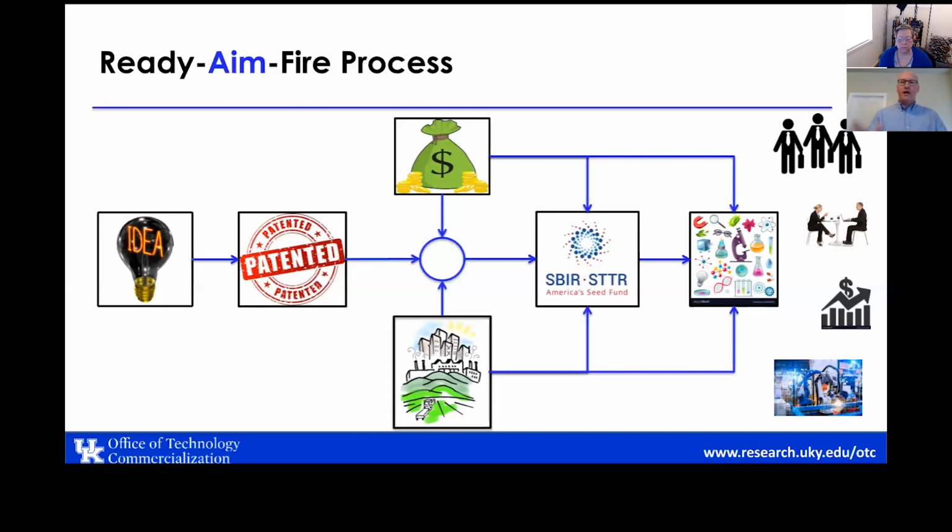So all of those things are things that, by talking to corporates and talking to investors early on, you can really lay a path forward for your technology to grow into a very valuable company.